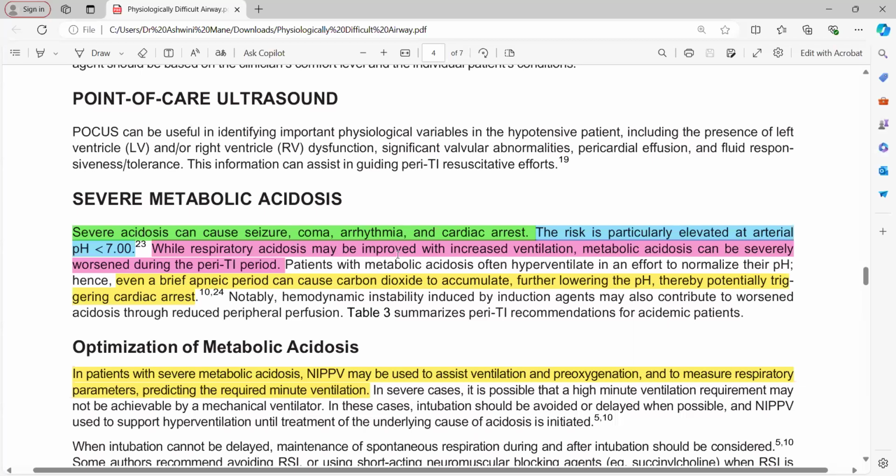Patients with metabolic acidosis often hyperventilate in an effort to normalize their pH. So even a brief apneic period can cause carbon dioxide accumulation, which will further lower the pH, thereby potentially triggering cardiac arrest.